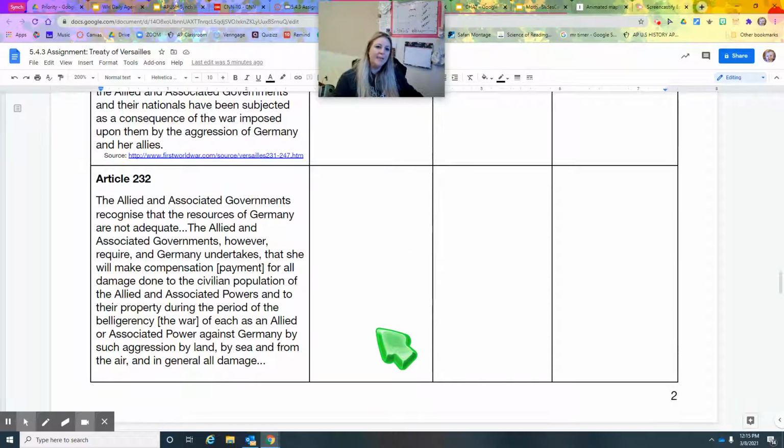Article 232. The Allied and associated governments recognize that the resources of Germany are not adequate.